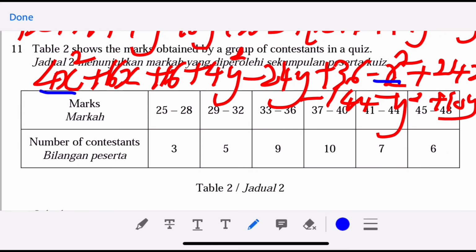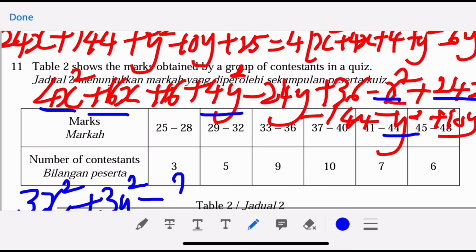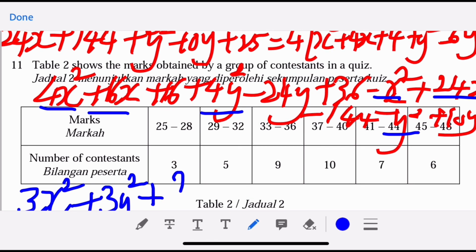4x squared minus x squared, so I got 3x squared. 4y squared then minus y squared, so I have plus 3y squared. Then 16x plus 24x, so I have positive 40x.